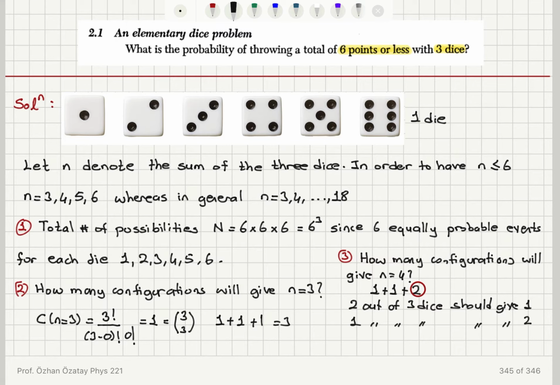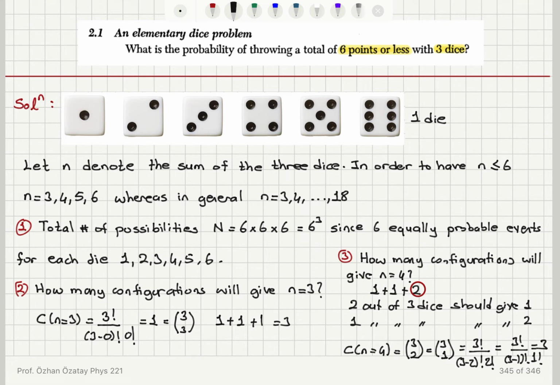So the answer is, combinations for n equals 4 is combinations of 3 objects taken 2 at a time, which is equal to combinations of 3 objects taken 1 at a time. So we're assigning 1 to 2 of them or 2 to 1 of them. So this is 3 factorial over (3 minus 2) factorial times 2 factorial, which is also equal to 3 factorial over (3 minus 1) factorial times 1 factorial, and the answer is 3.